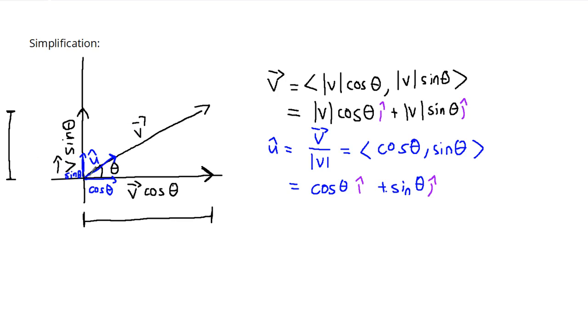This is u, and then if you condense the v into u, a unit vector, which is v with a dash through it, and then divide it by its magnitude, you will get cosine theta, sine theta. You will get the angle. Cosine theta i hat plus sine theta j hat.